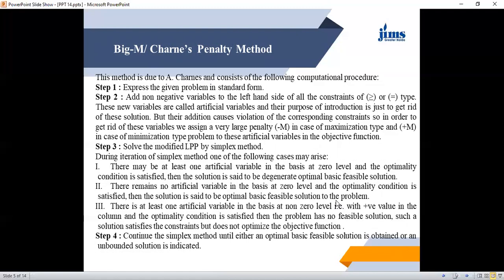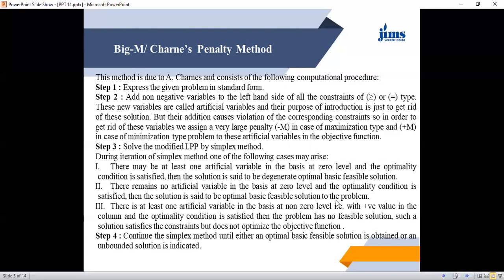In computer programming, we assign the highest possible number that a computer can treat as M. But it is not equivalent to infinity, because infinity plus infinity is also infinity.